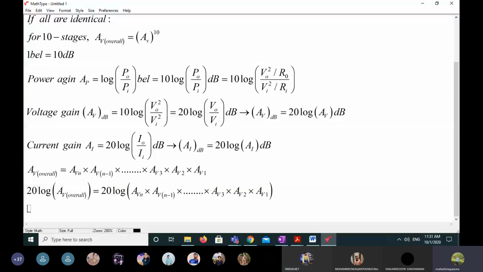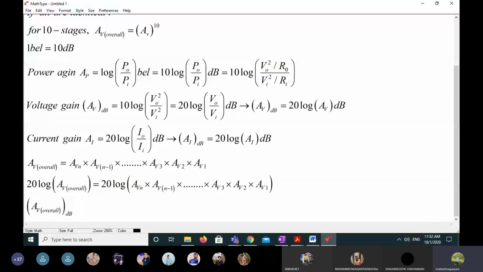Now 20 log of overall absolute gain becomes the overall decibel gain, equal to 20 log of AV1 plus 20 log of AV2 plus 20 log of AV3, and so on, plus 20 log of AV(n minus 1) plus 20 log of AVn. All are absolute gains only.